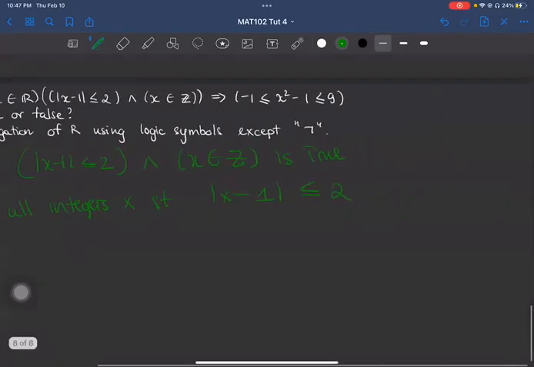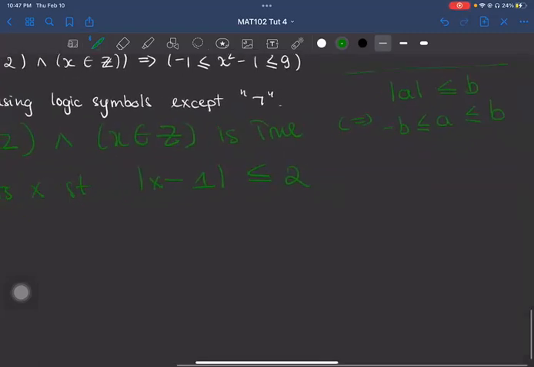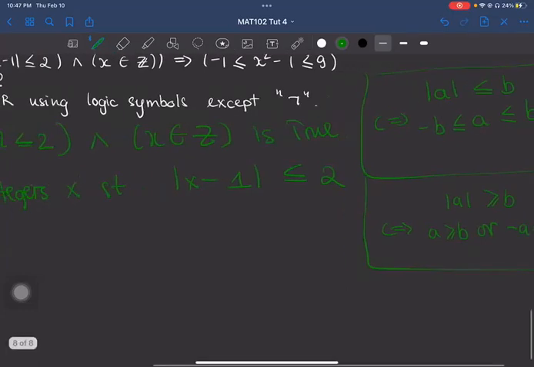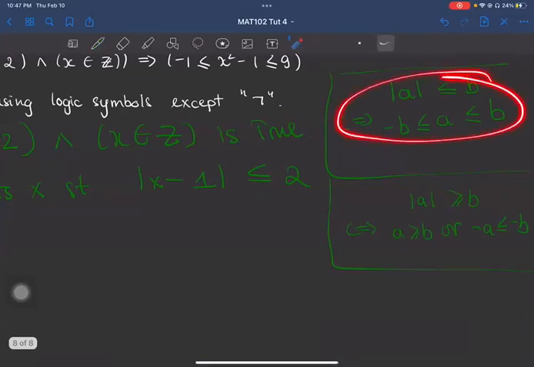So you have the absolute value of a is less than or equal to b if and only if negative b is less than or equal to a is less than or equal to b. And if you have the absolute value of a is greater than or equal to b, which means a is greater than or equal to b, or negative a is less than or equal to negative b. So here we use the property.